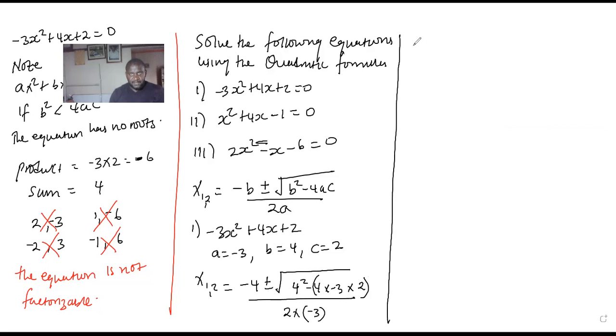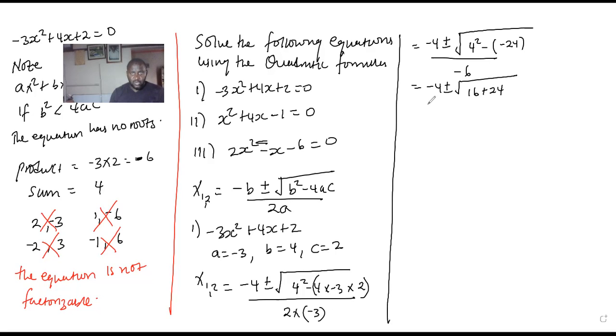When you simplify, it becomes negative 4 plus or minus under the root of 4 squared minus brackets 8 times 3, you get negative 24, all is over negative 6. We shall realize negative 4 plus or minus under the root of 16 plus 24, all is over negative 6.